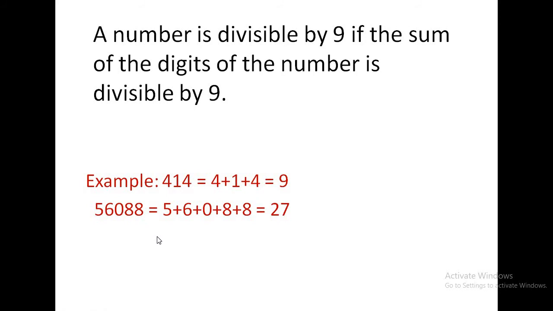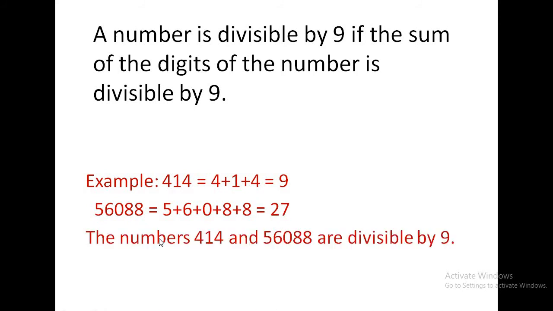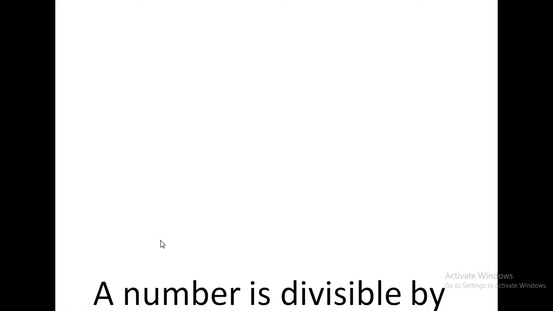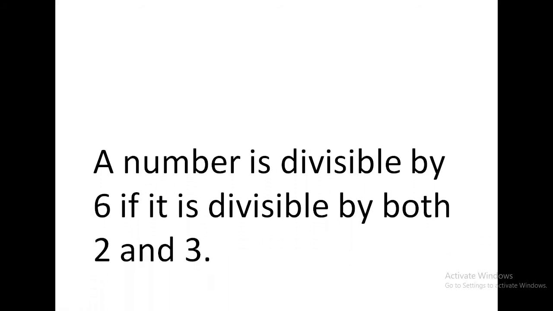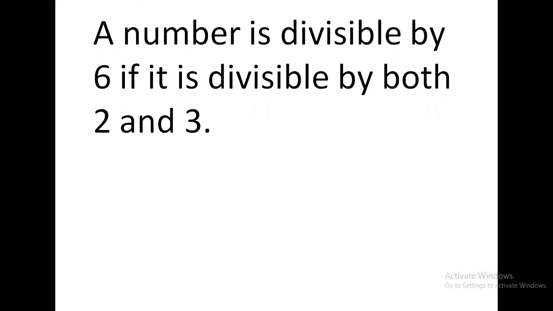Children, next divisibility test is the test of 6. A number is divisible by 6 if it is divisible by both 2 and 3. So, if you take any number, that number should be tested first with the divisibility test of 2 and then the divisibility test of 3.